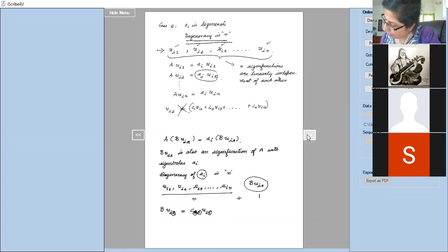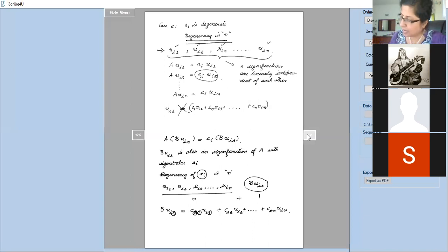It will be written as c_r1 ui1 plus c_r2 ui2 plus dot dot dot c_rn uin. That is the only way it is going to be possible. Is this clear to everybody? Has everybody understood this? Yes, ma'am.